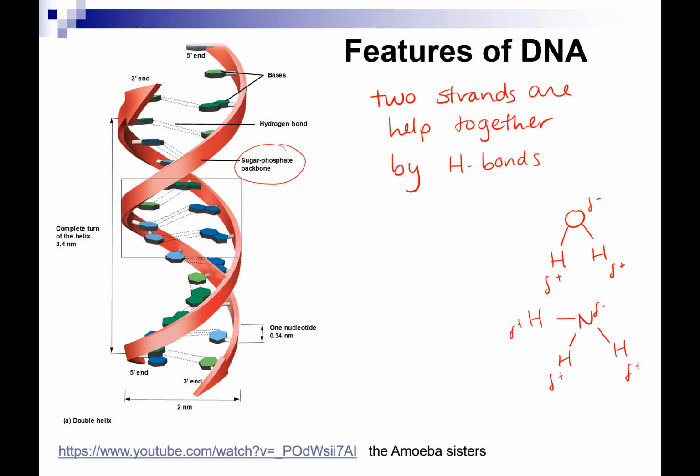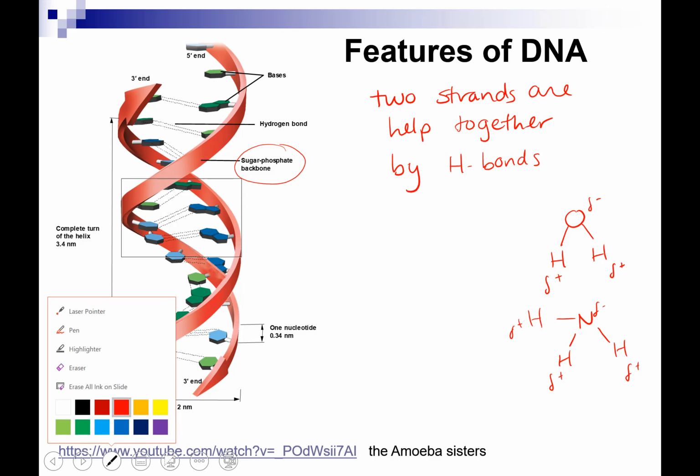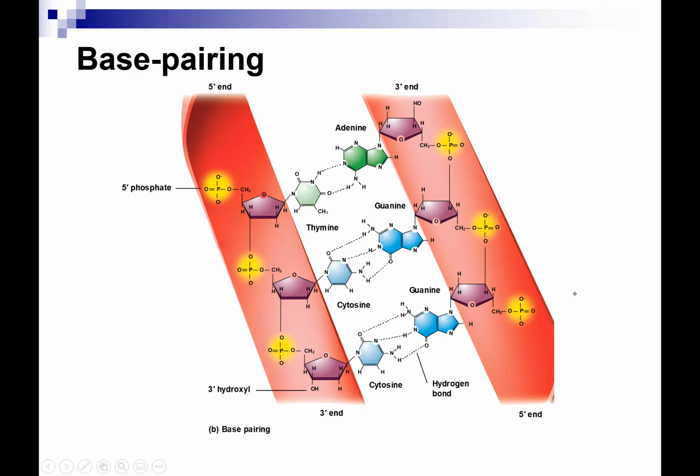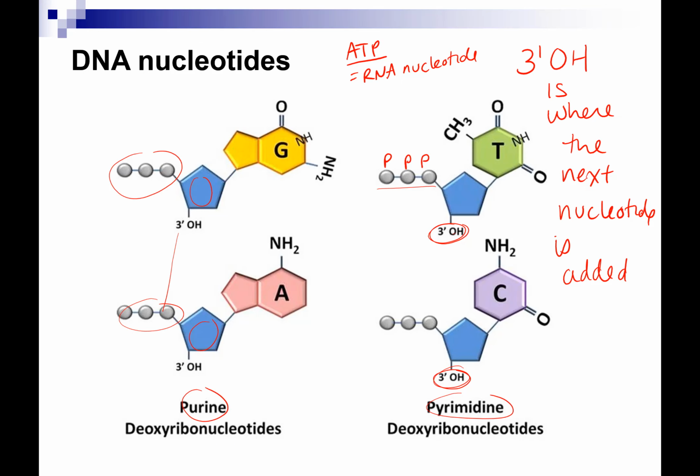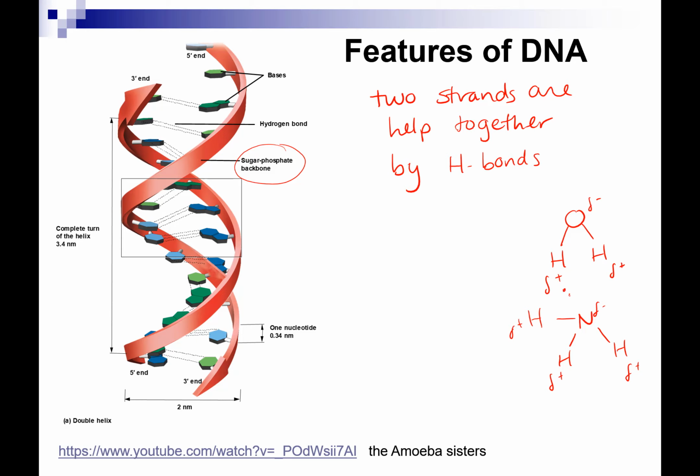And then between the slight positive and the slight negative charge, we make these weak hydrogen bonds. And we draw them as dots, because to show they're weak, compared to a covalent bond, which is nice and strong.